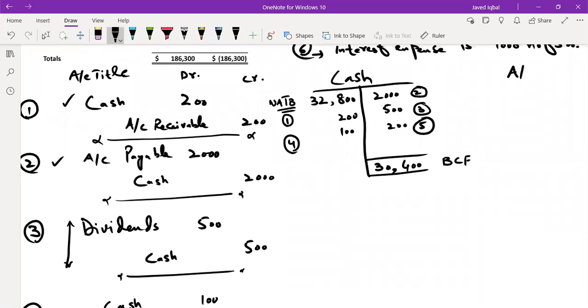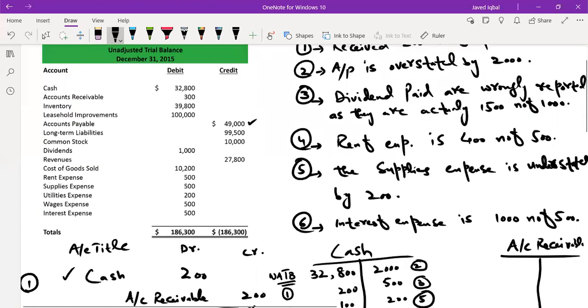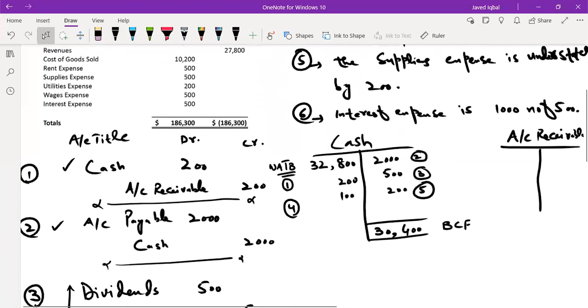Now this is your first key account. The second key account is accounts receivable. The normal balance was 300, this is from the unadjusted trial balance, but this 200 is coming from the first transaction. So the net balance is basically 100, and this should be carried forward. So your accounts receivable has also been entertained.